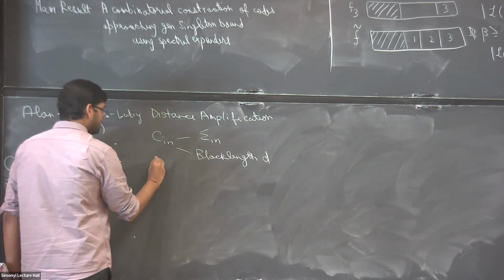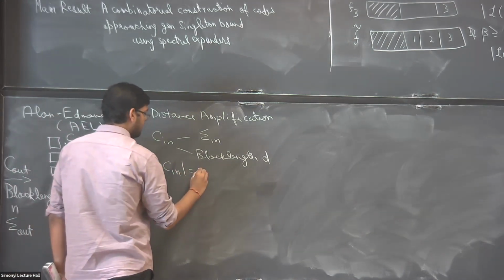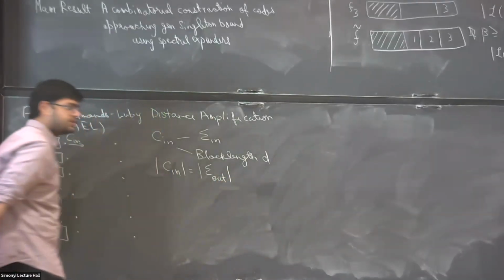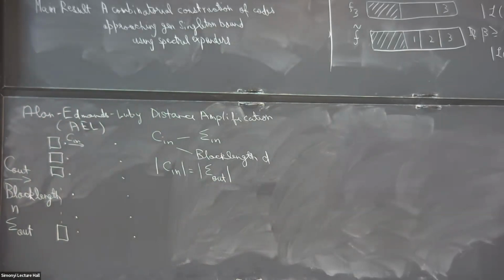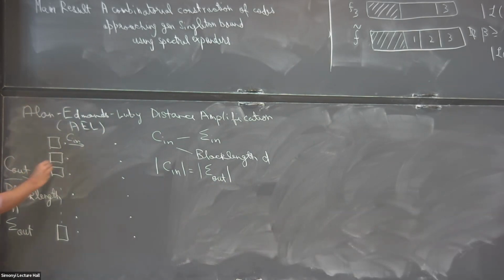And we have this condition that the number of code words in C in equals the alphabet size sigma of the outer code. So then when we map this coordinate to vertex, then each symbol here can be further encoded using the inner code. And that will give us D symbols of sigma in. We can place these D symbols on the edges here.